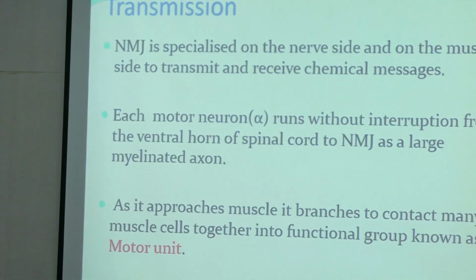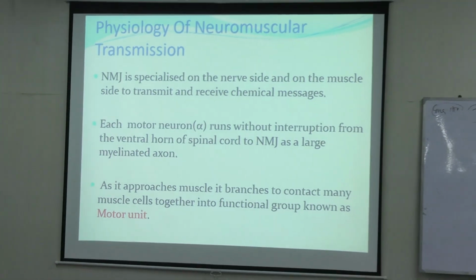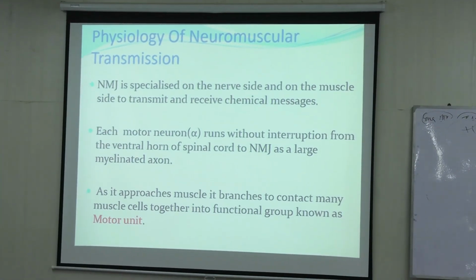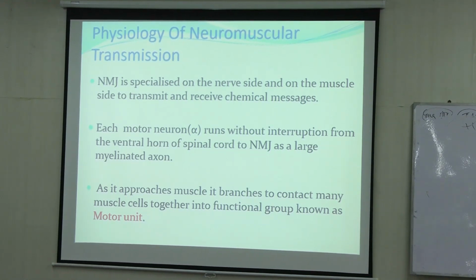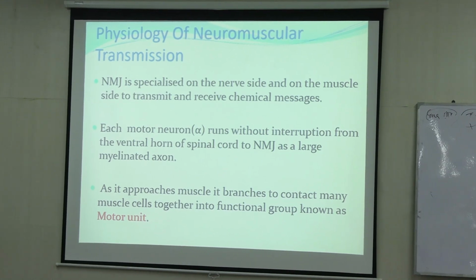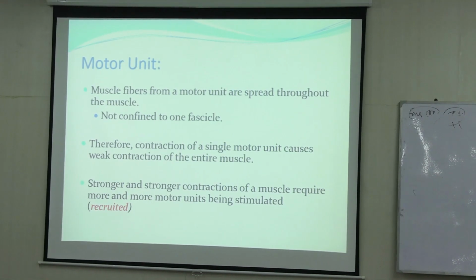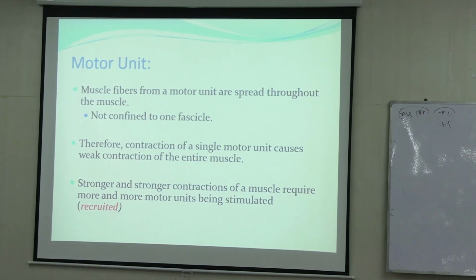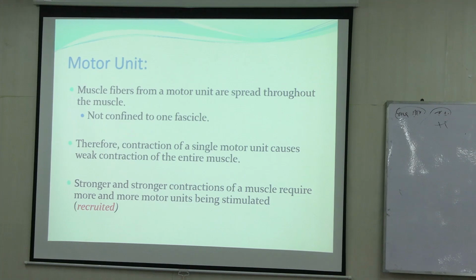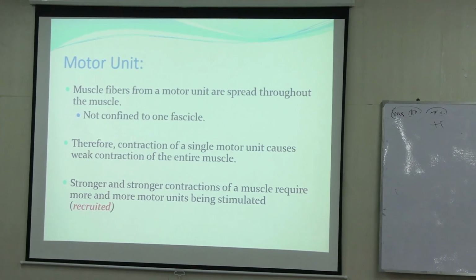Now, we need to understand one concept, motor unit, because this is important. I will explain it just after a few minutes. So you just mark, you have to know very well what is motor unit. Okay, motor unit, actually one axon, motor nerve, it is having multiple axons.